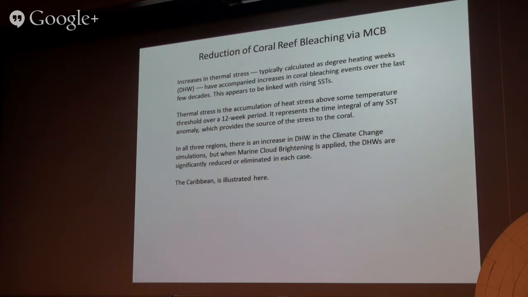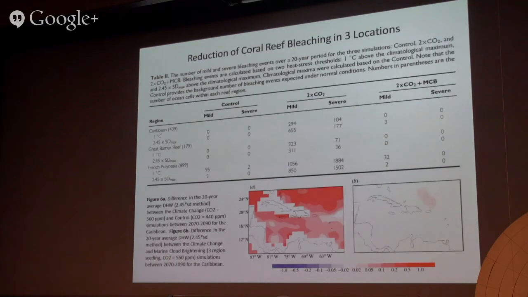So while this modeling study was looking at doing this at a global scale and then looking at the implication in the reefs, the implication is that you could go upstream, essentially, where the water is moving into the reef, and do a small amount of seeding in that local region and change the water temperature in that reef.